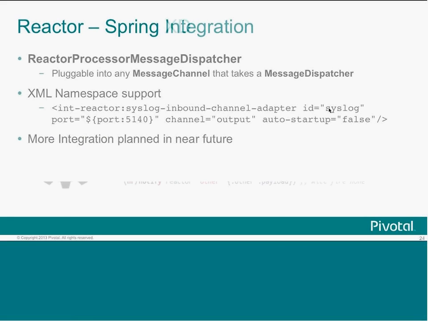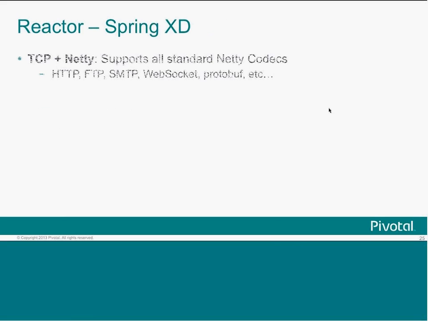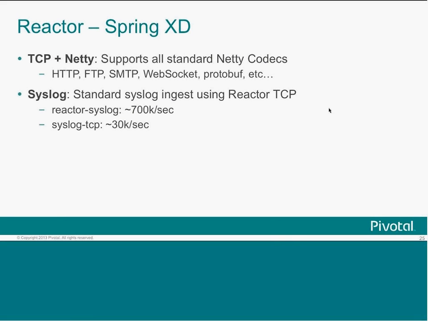We do some syslog stuff with the Netty support, and we can get 700,000-ish syslog messages per second. That number, 30,000, is what the regular syslog TCP will do. Other syslog servers we've tested against, like Flume, I think were getting maybe 5,000 to 7,000 versus the 700,000 that we can do in the Reactor syslog. So really low latency, high throughput, really efficient stuff there.